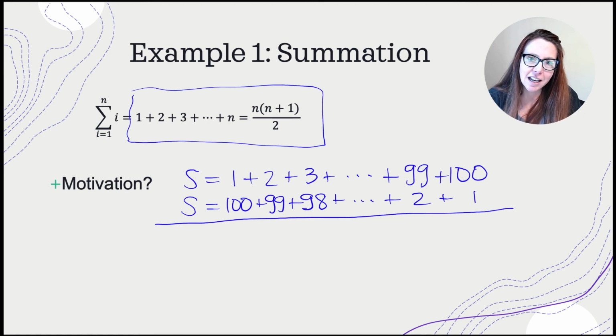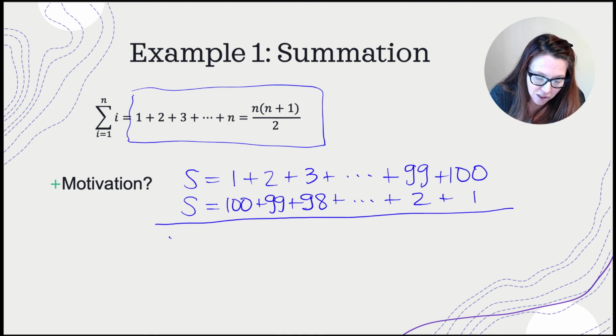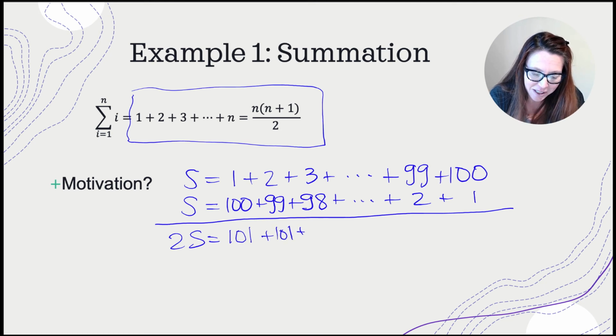And he noted that if you add the numbers forward, it's the same as adding the numbers backward. So if you add both of those together, you get twice the sum is equal to 101 plus 101 plus 101, all the way up to that last set.